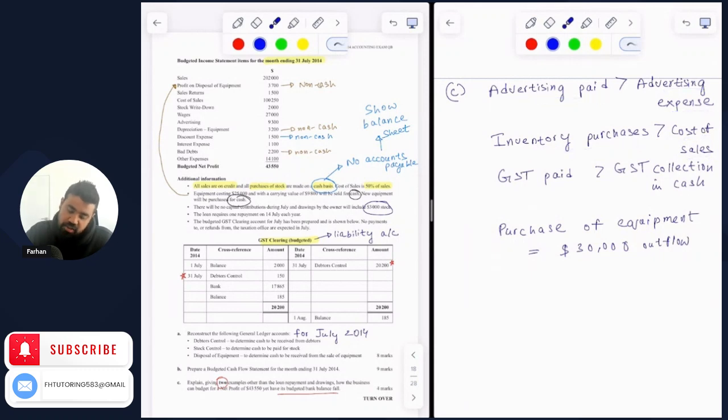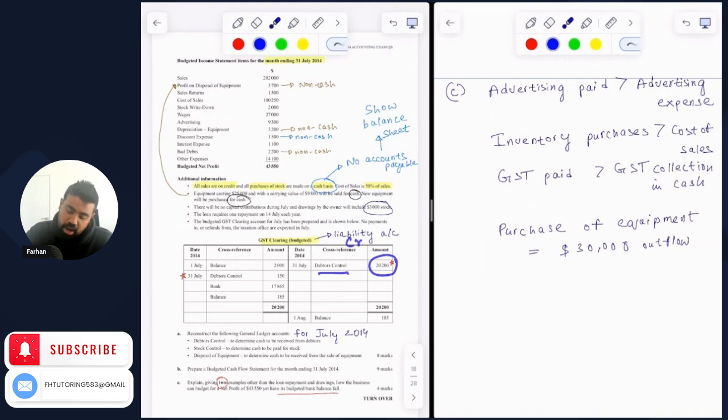Again, if you check the GST clearing account, you understand that we have paid more GST than we have actually collected in cash, because on the credit side of the GST clearing account, we have $20,200, which is referring to expected collections. These are not really collected yet because these are tied to the credit customers of the business, right? The debtors control, the credit customers.